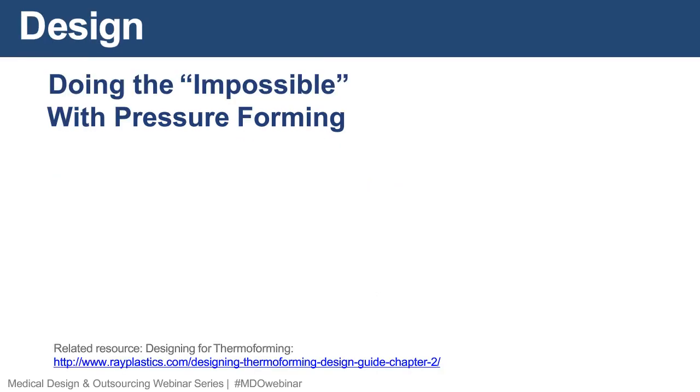Design, doing the impossible with pressure forming. On the following slide, there's a video of a medical cart that Ray Products actually designed. We designed this part to be a multi-part assembly: top, base, side panels, drawers, and we incorporated everything that's possible with pressure forming.